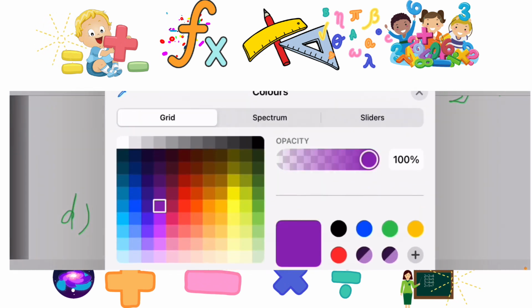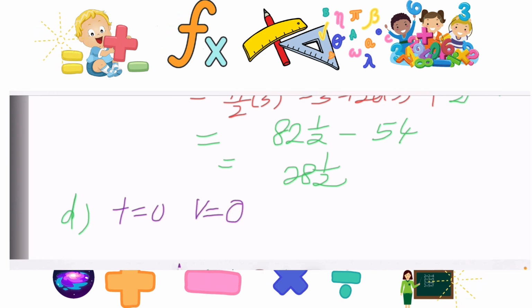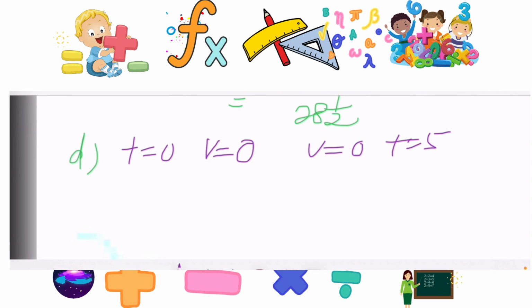Alright, so for the next one, let's focus on the graph part. When t is 0, we have the information, velocity is 20. Alright, so the time is 5 when velocity is 0.